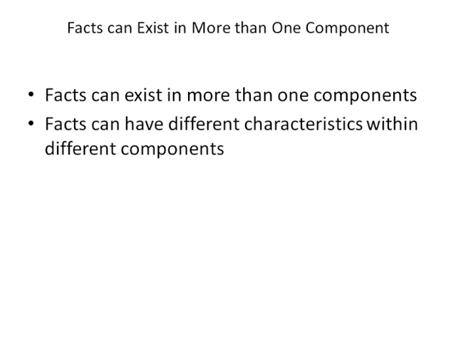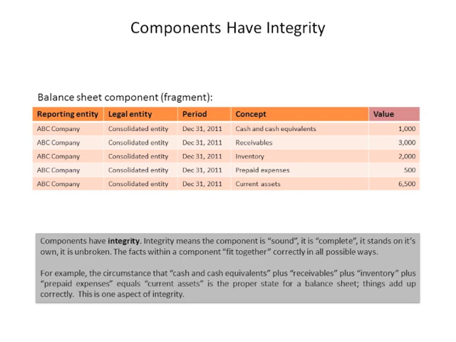Looking at the example again, I want to point out that components have integrity. Integrity means the component is sound, it's complete, it stands on its own, it's unbroken. The facts within a component fit together correctly in all possible ways.